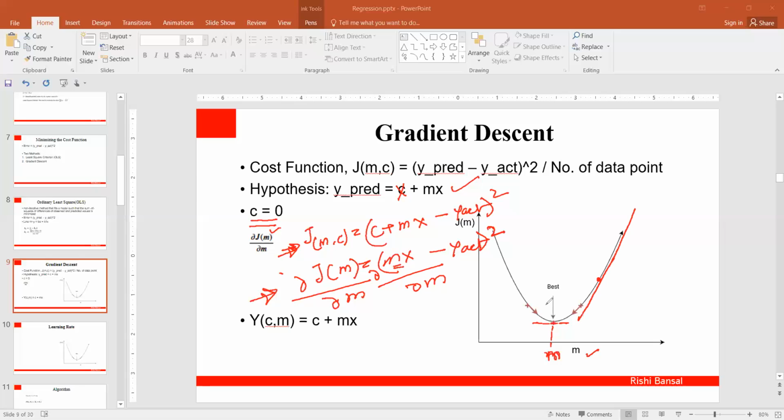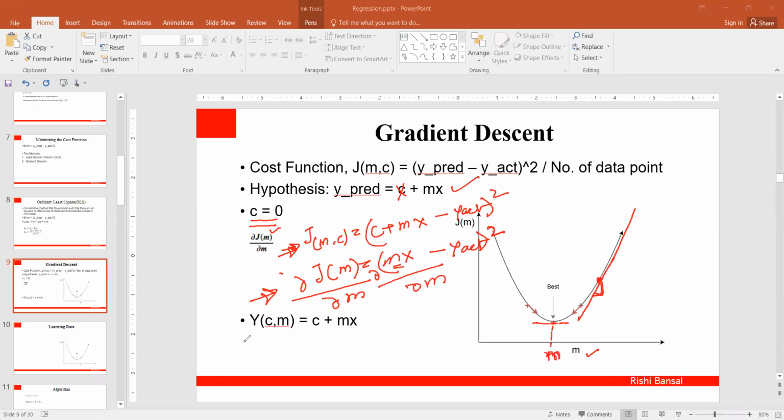Everyone agrees? Yes, this is tan theta. So when you differentiate it, it will always give you the slope at that point, the slope at the point x. So this will give you the slope at this point.